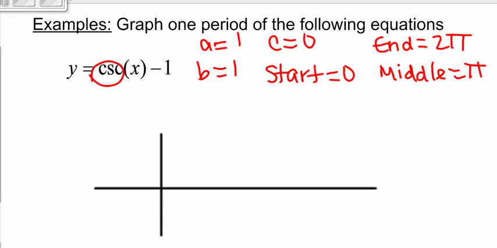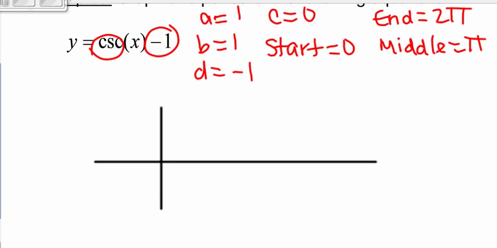Okay, and then the last piece we have now is D, which is -1. So unlike the C, we don't take the opposite sign here. We take the sign that's given to us, which is the -1. So over here, I'm going to plot. Now normally my A value is 1, but remember I have shifted down 1.